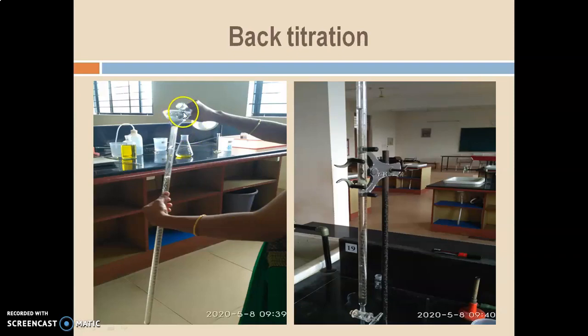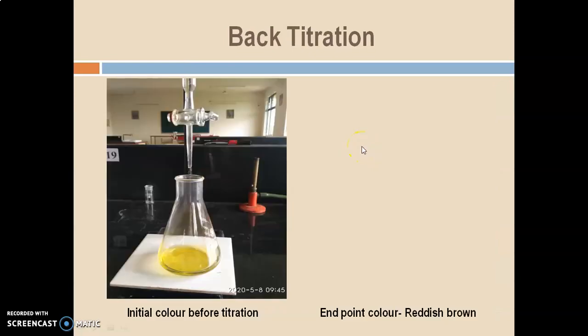FAS standard solution has to be transferred to the burette and the initial burette reading has to be noted. Before the titration, the color will be a deep yellow or light orangish, and it is the color of the potassium dichromate only.